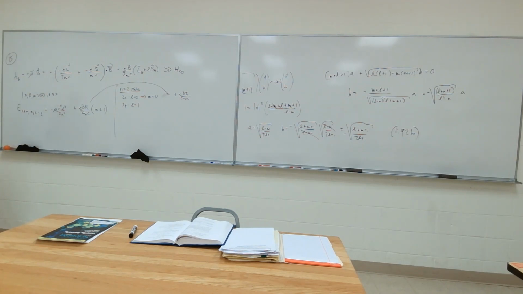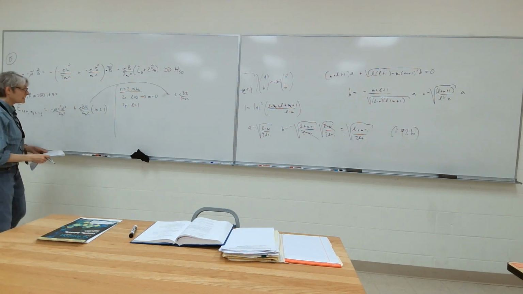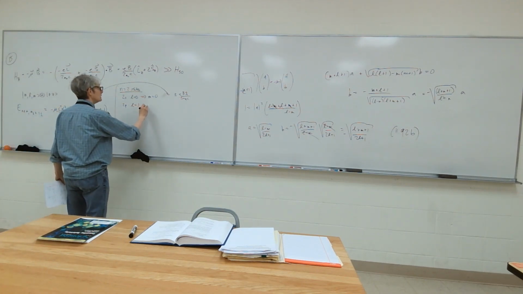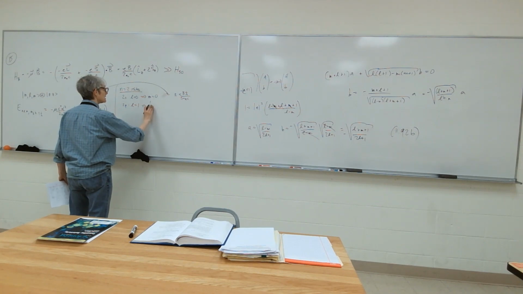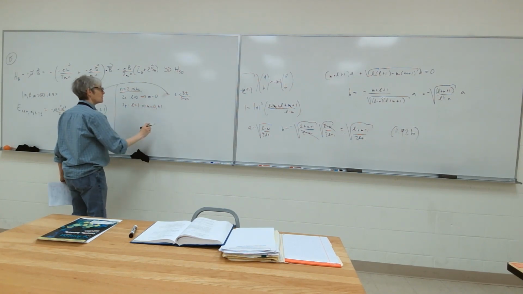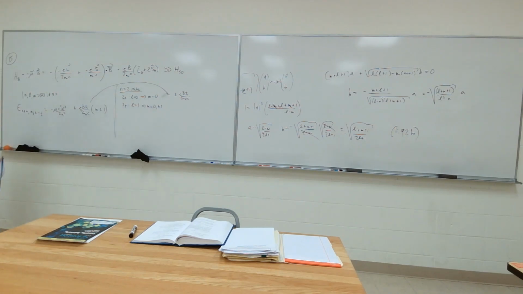For the 2p states, on the other hand, since L equals 1, M can equal 0 or plus or minus 1. If M equals 0, obviously we have the same result.